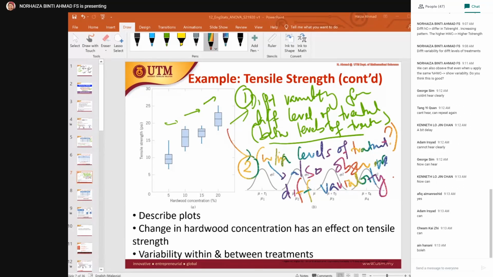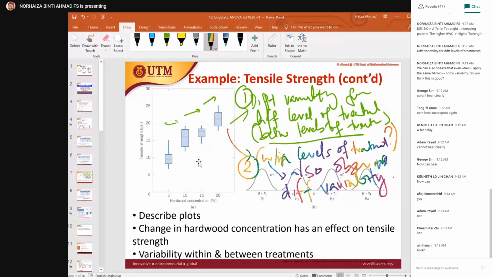Right. Tadi I was asking, when you apply different hardwood concentration, you can see that you've got different variability. This is logical, correct? Because when you apply different treatments to your experiment, then you would expect to get different results.